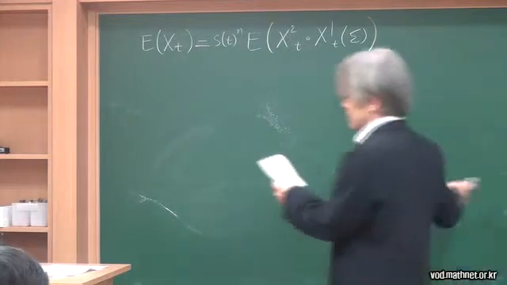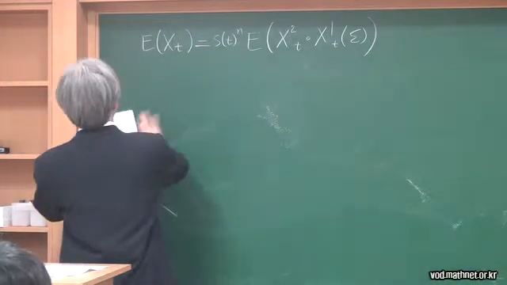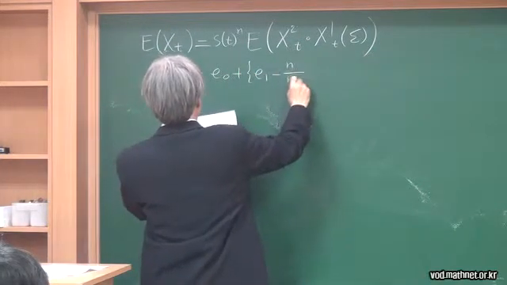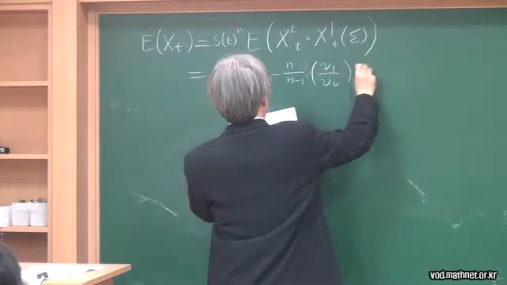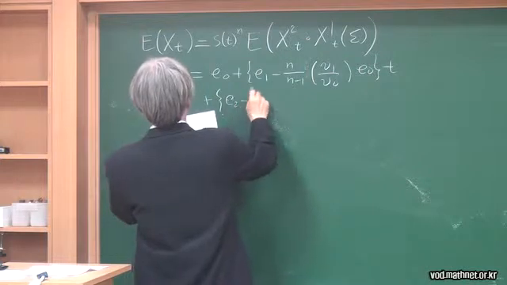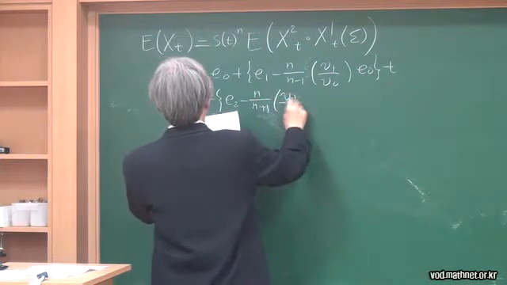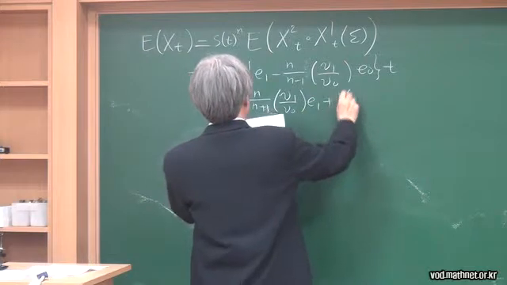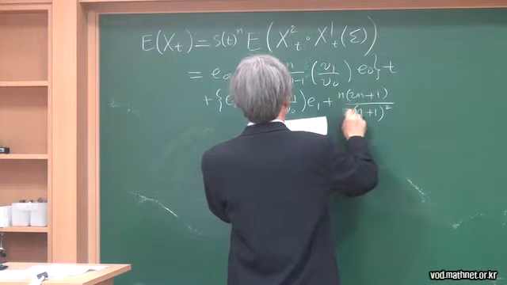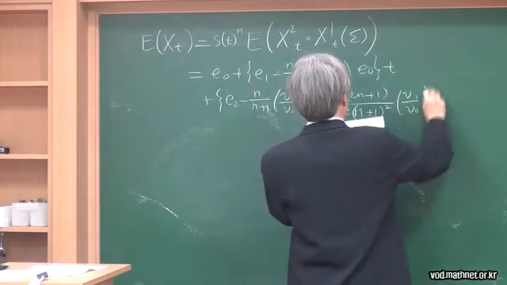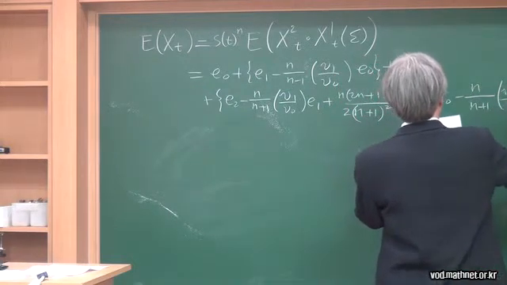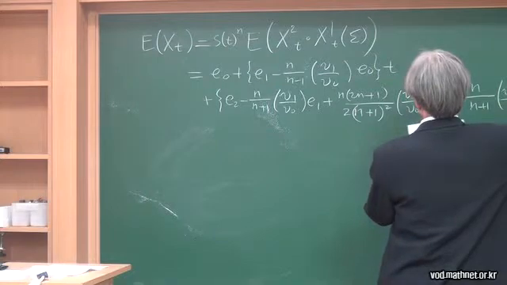So combining these two, we obtain E0 plus E1 minus n over n minus 1, V1 over V0, E0 t plus E2 minus n over n plus 1, V1 over V0, E1 plus n times n plus 1 over 2 times V1 over V0 squared E0 minus n plus 1 V2 over V0 E0 t squared.